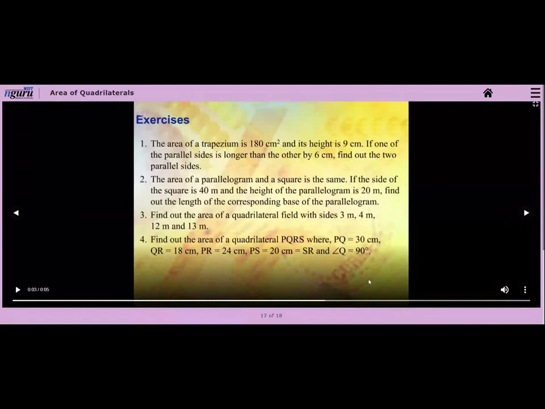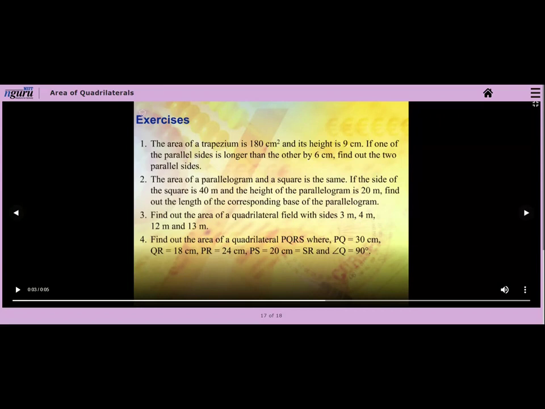So you can take this also as homework. Area of a trapezium is 180 centimeters square. Its height is 9 centimeters. If one of the parallel sides is longer than the other by 6 centimeters, find out the two parallel sides. Can you do that? Or do you want to do it here now, or will you take it as homework?